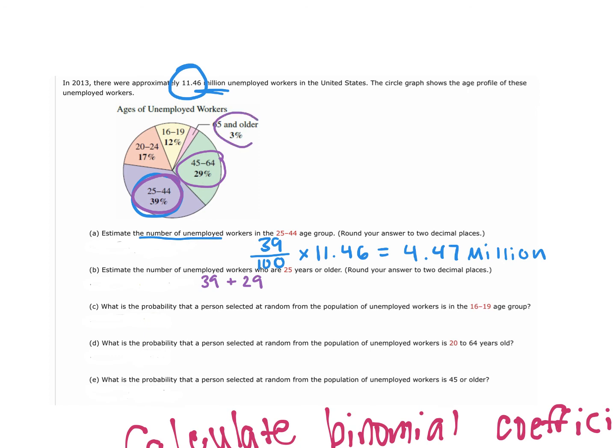And 65 and older are 3%. So those are all the people that are 25 and older. We do the same thing we did in our last one to find the total number of people. So we multiply by 11.46. What do we got for this one?